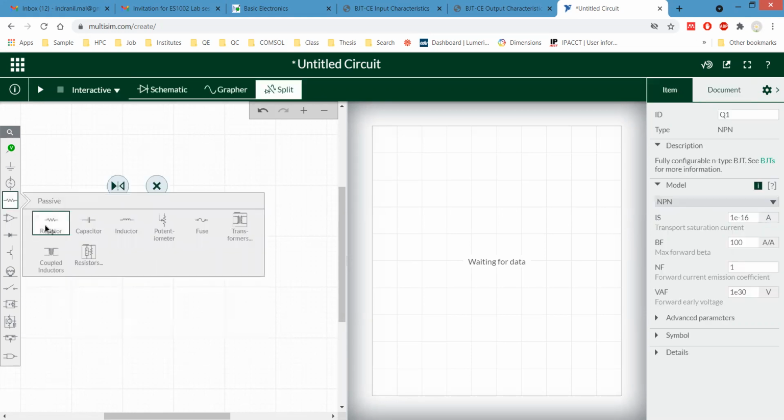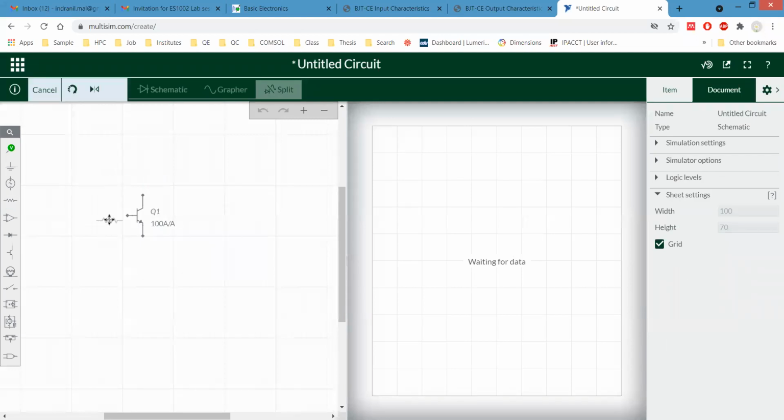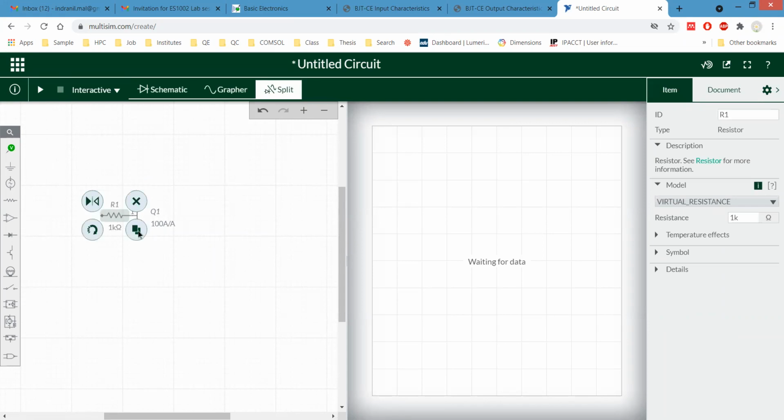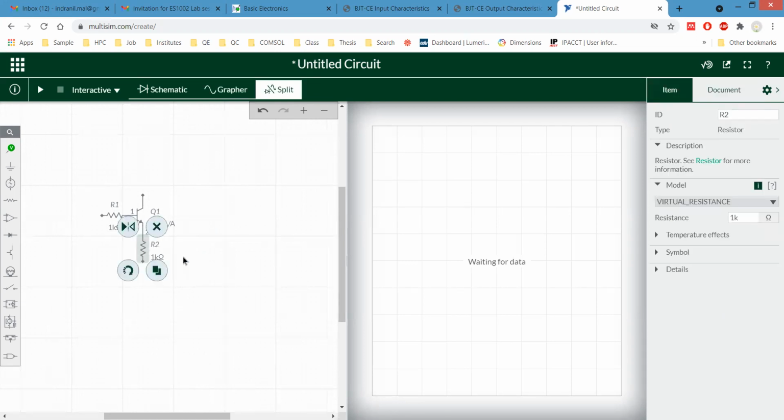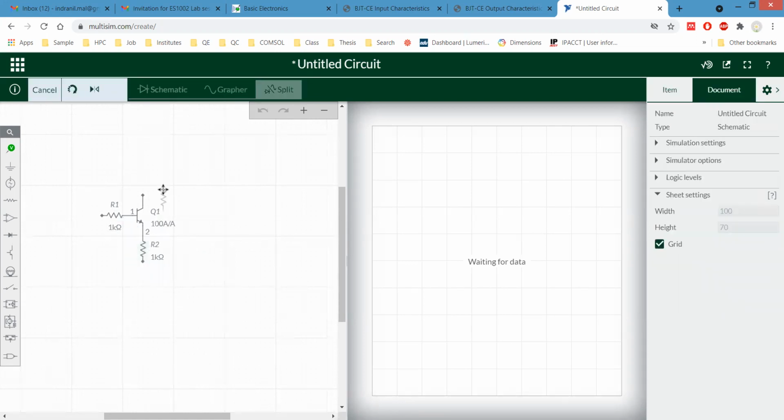We need two resistors. One is with the base, and another is with the collector. Sorry, this is the emitter one, and one should be with your collector.